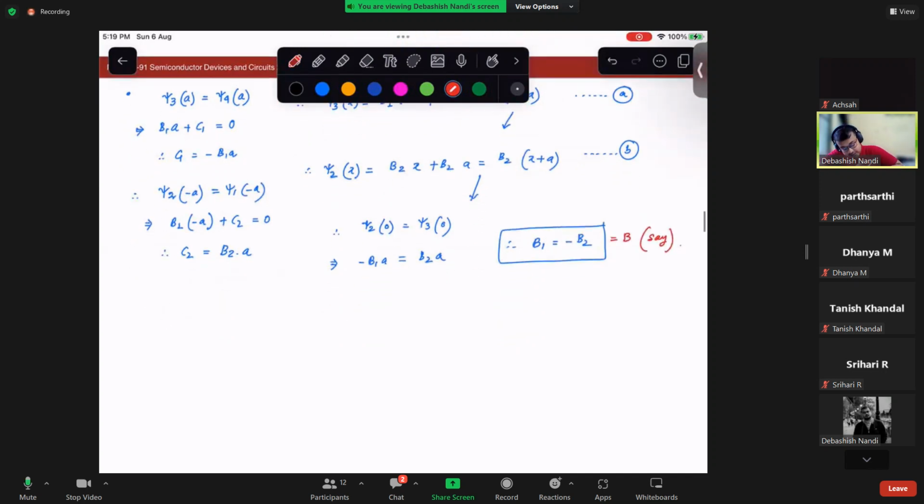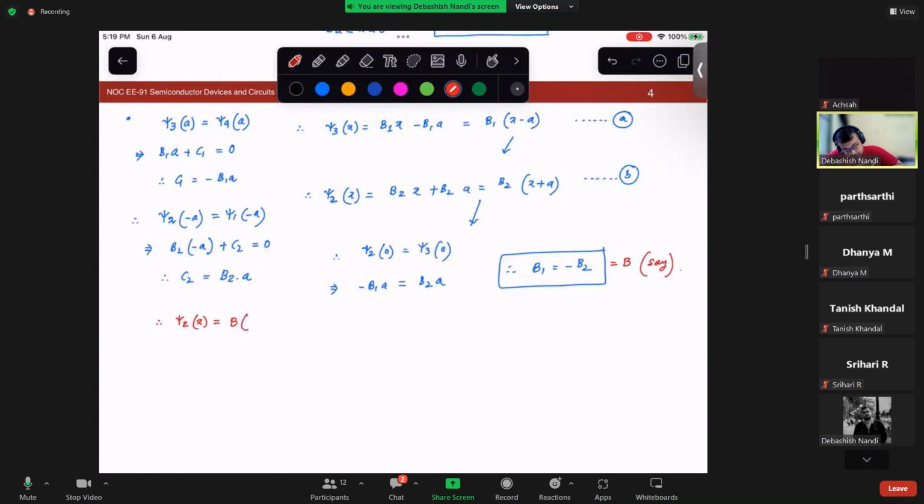So what are my equations now? My psi 2 of x is equal to b of (x minus a) for minus a less than or equal to x less than or equal to 0, and my psi 3 of x is equal to, what is my B2? Minus b, right?